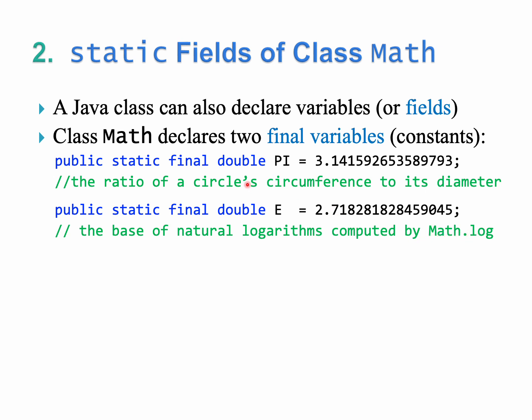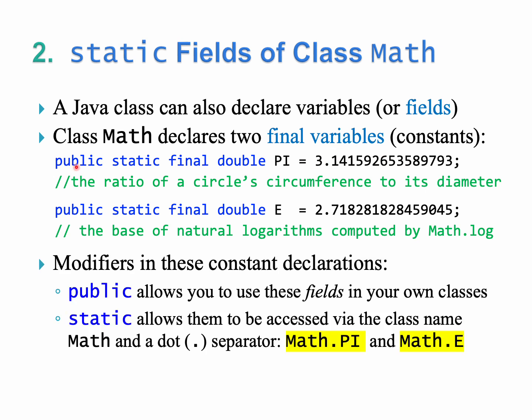Recall that the final modifier indicates that these variables PI and E are constants, that is, their values cannot change after they are initialized. These constants are also declared with modifiers public and static. The modifier public allows you to use these fields in your own classes.